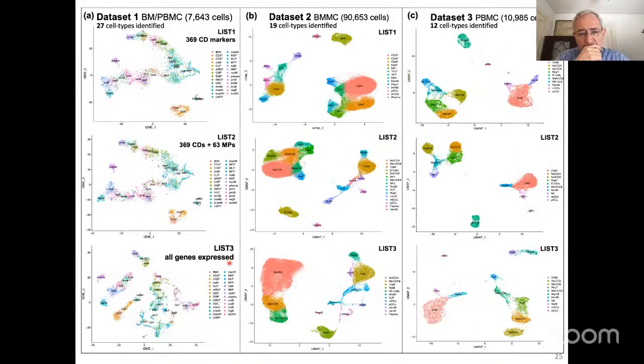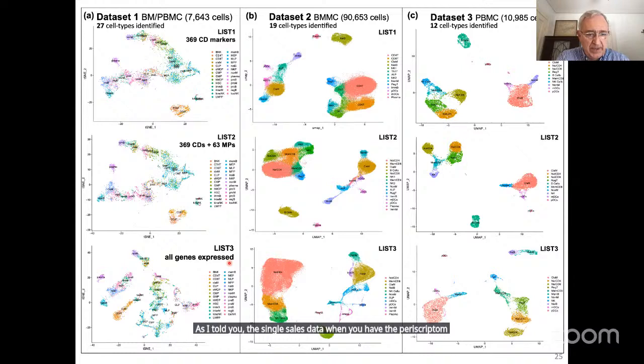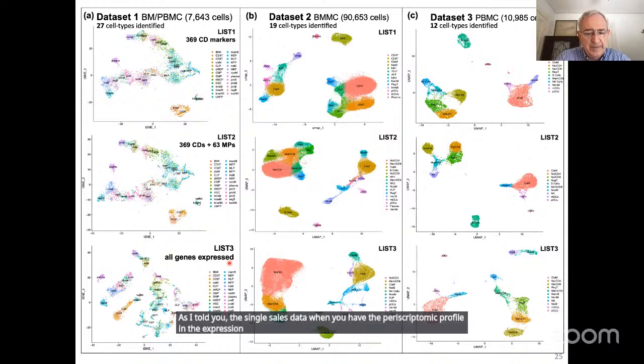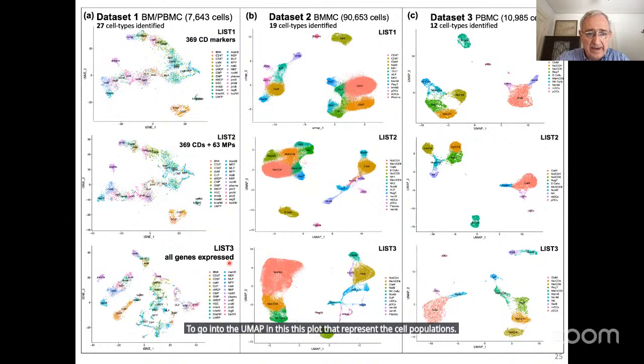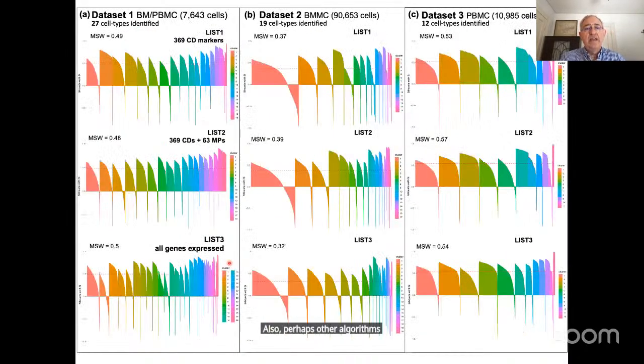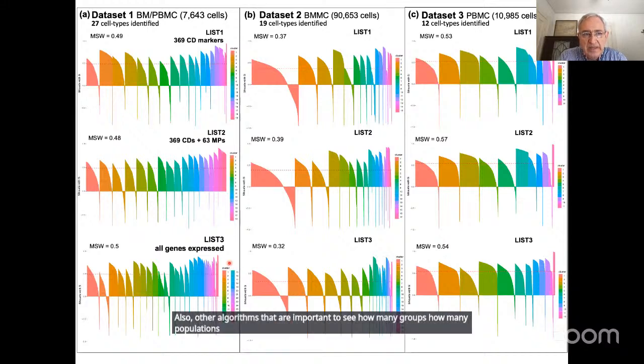As I told you, with the single cell data, when you have the transcriptomic profiling, the single cell expression data, to go into the UMAP or this plot that represents the cell populations, you also run other algorithms that are important to see how many groups, how many populations can I distinguish in these data sets, no?